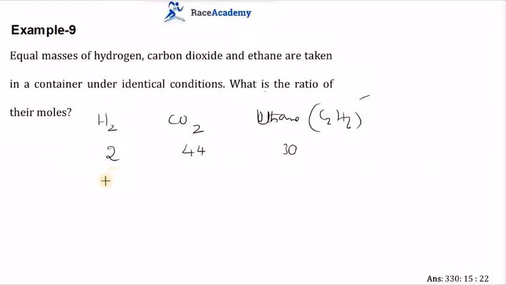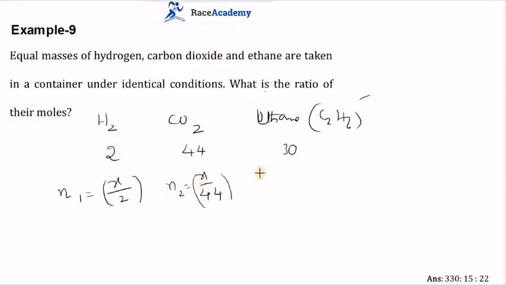So when you want to find the number of moles, when the equal masses are x, N1 is x by 2. Masses are equal means everything is x: hydrogen is x grams, carbon dioxide is x grams, ethane is x grams. So N2, the number of moles of carbon dioxide, is x by 44.